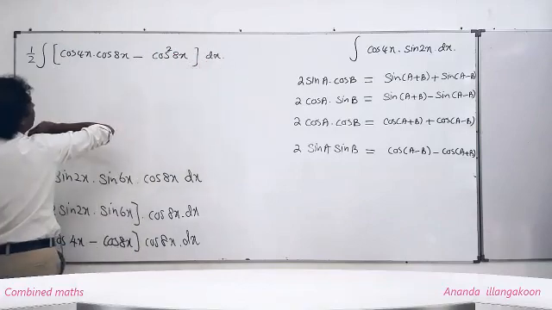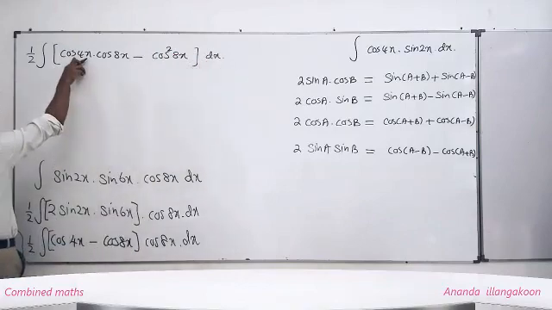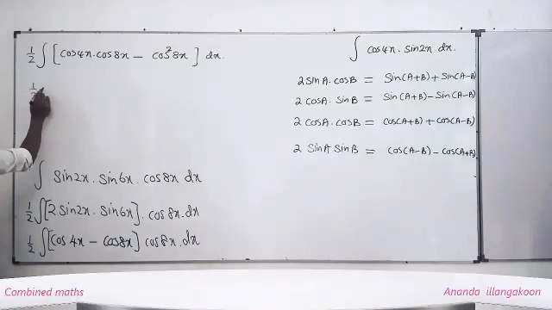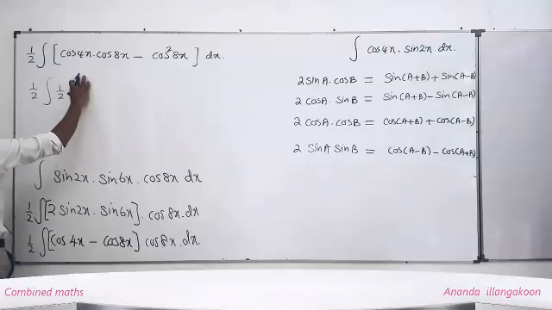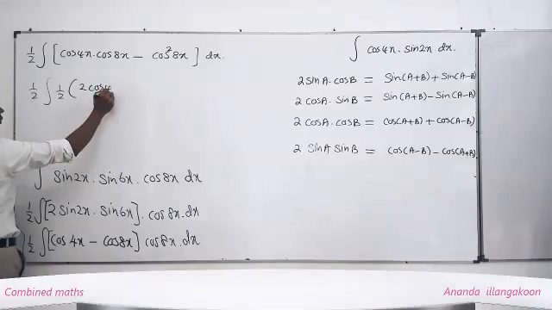Now we multiply this by 2 and divide by 2. We divide by 2 and multiply by 2. This one only, 2 cos 4x cos 8x.